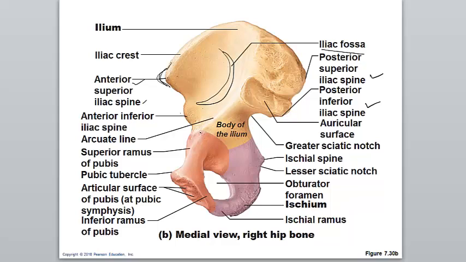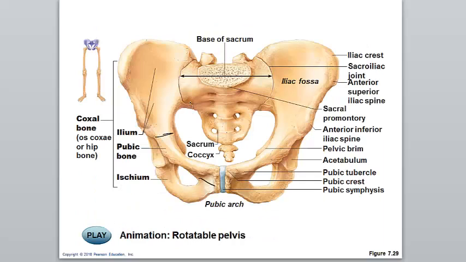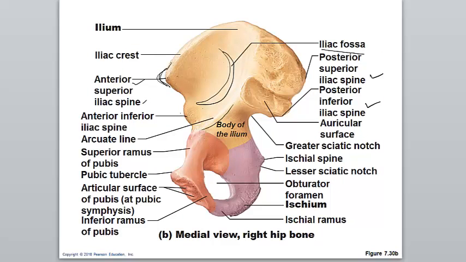If you follow along the fossa, you form a line. You see this over here? This is the fossa, and this continuation, this line that you see, is the arcuate line. That's what you're seeing in this picture. The arcuate line is continuous to the pubic bone.